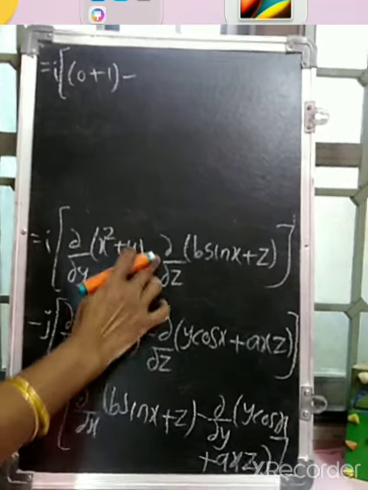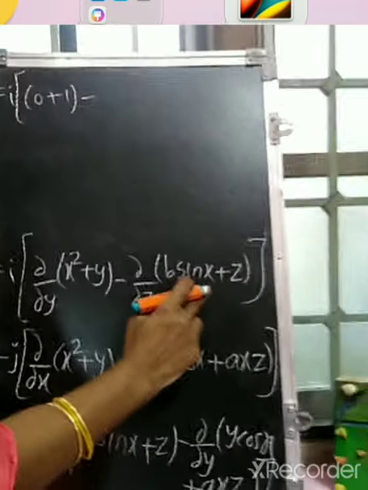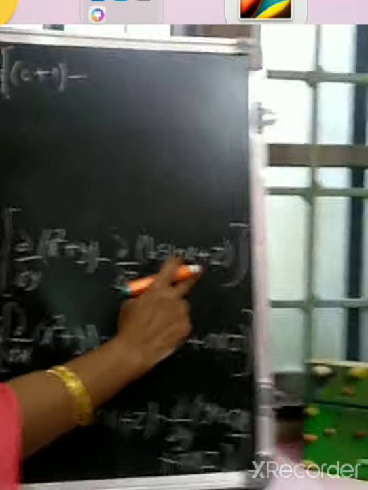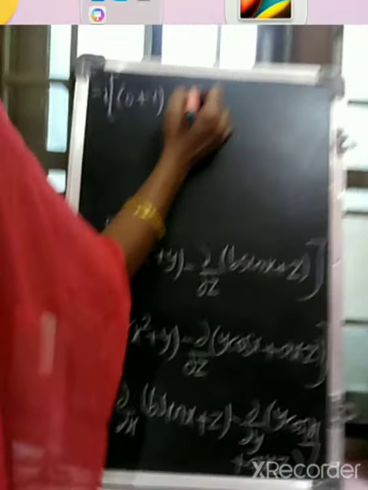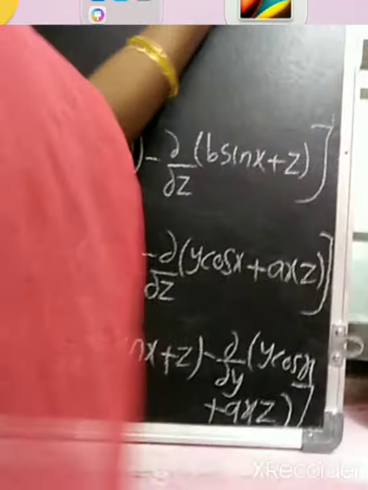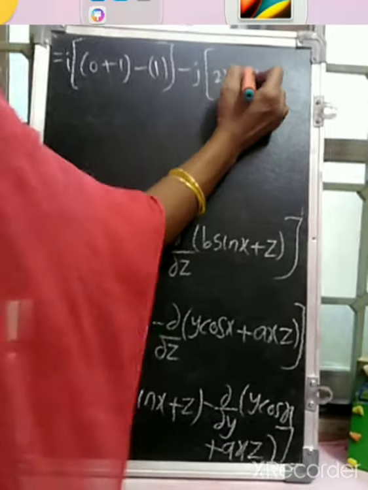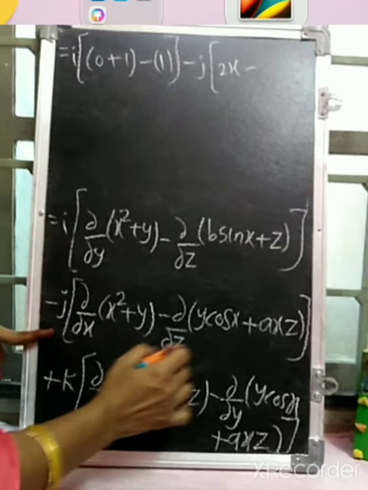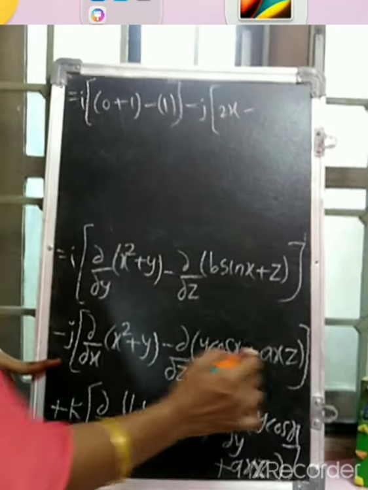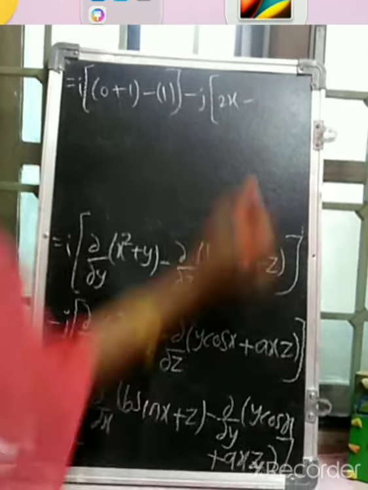Minus dou by dou z of b sin x plus z: dou by dou z of b sin x is 0, and dou by dou z of z is 1. Next, minus j into dou by dou x of x square plus y is 2x, minus dou by dou z of y cos x plus axz, which is ax.